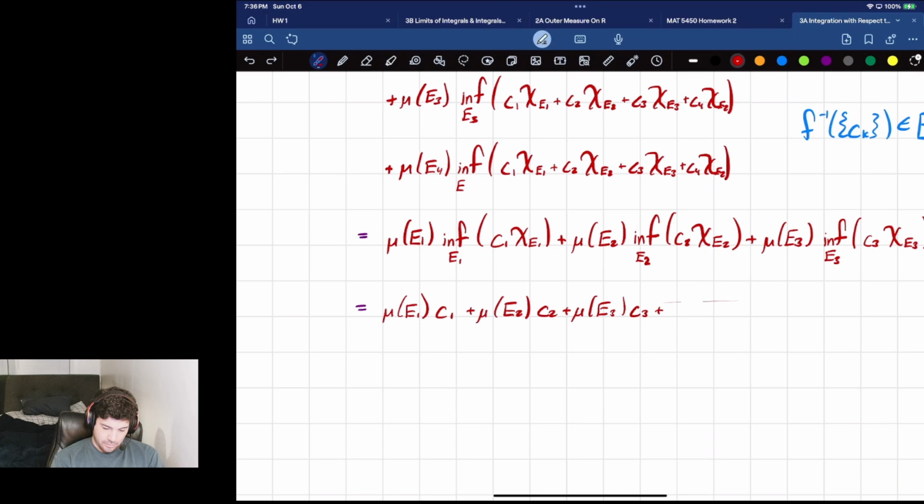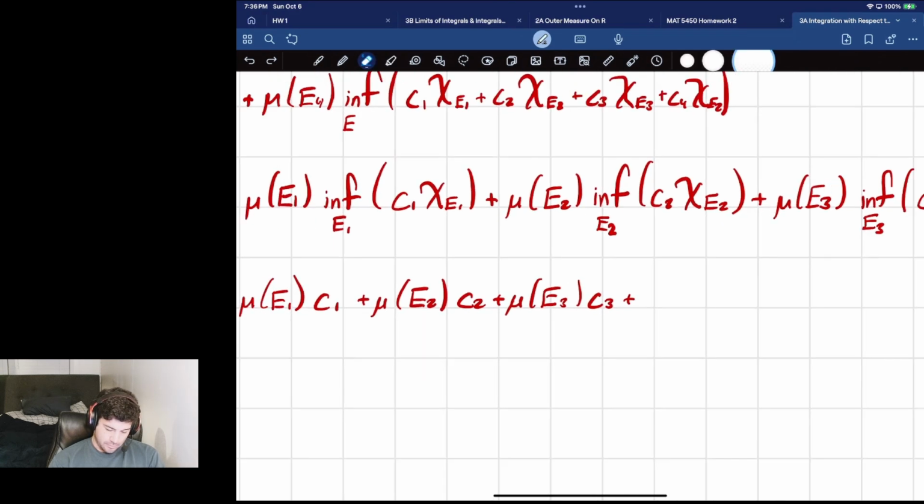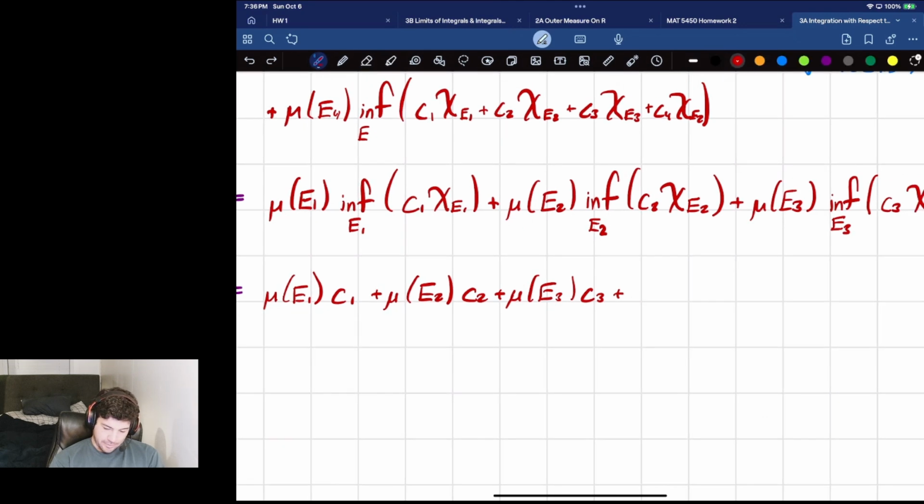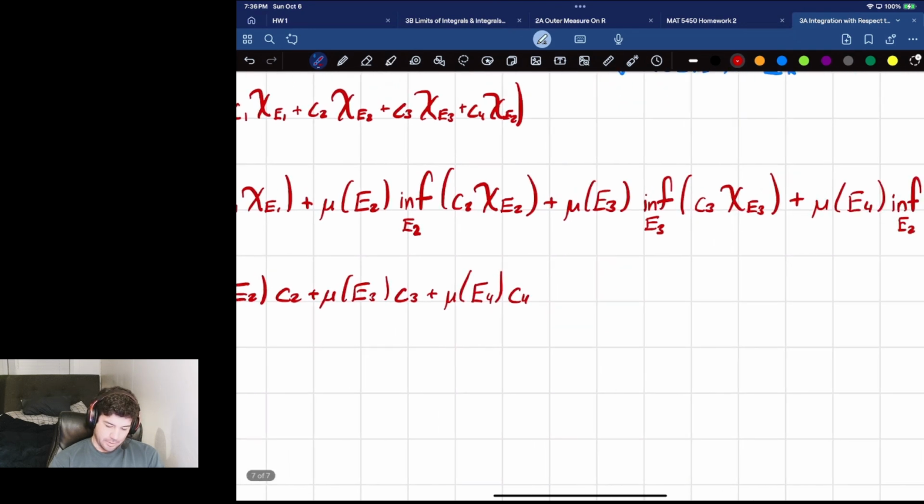And the same thing is true for the rest. Whoa. That was scary. Right, which is just a sum.